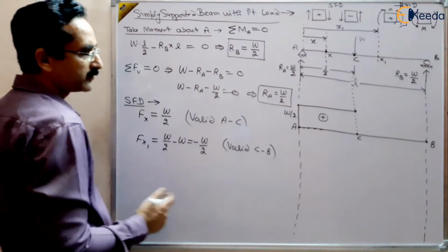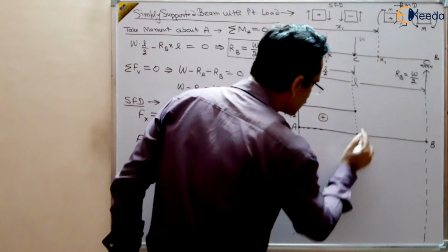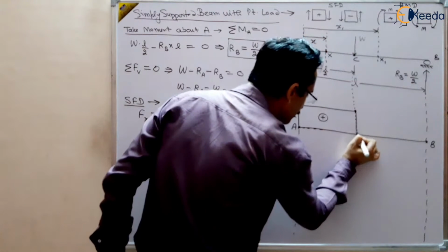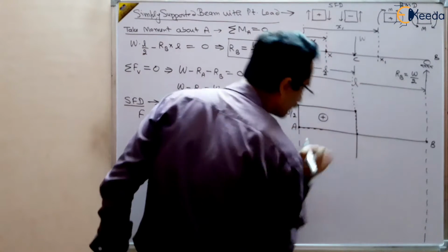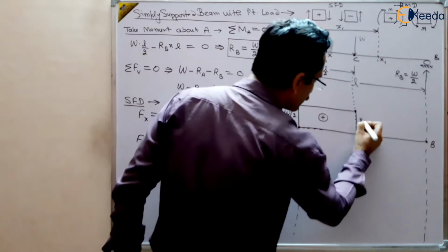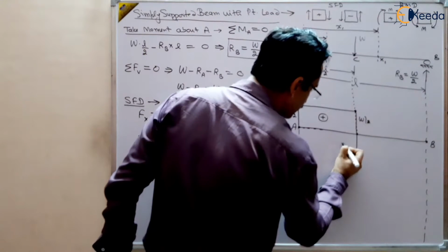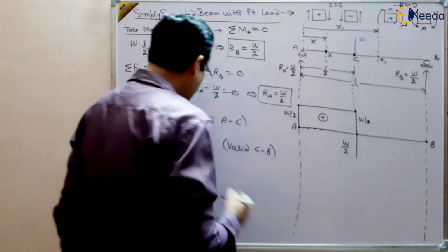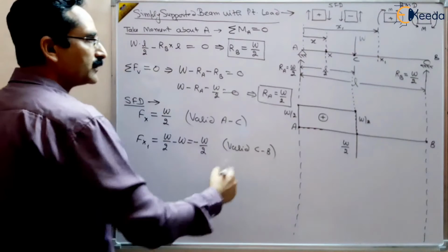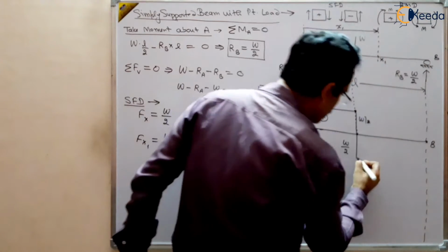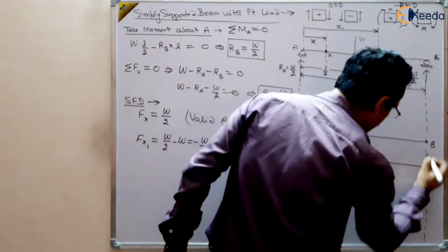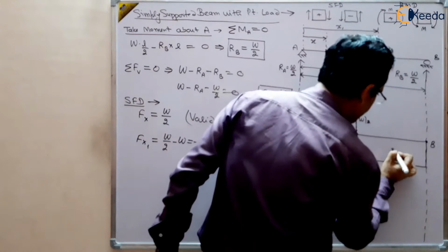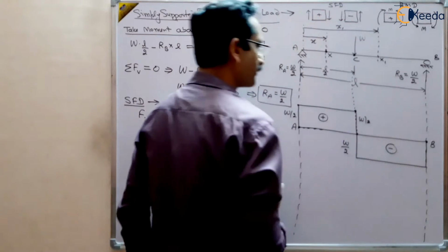So there is an abrupt change from positive W by 2 to negative W by 2 here. And it is constant from C to B because there is no other force here. Like this, so this is negative here.